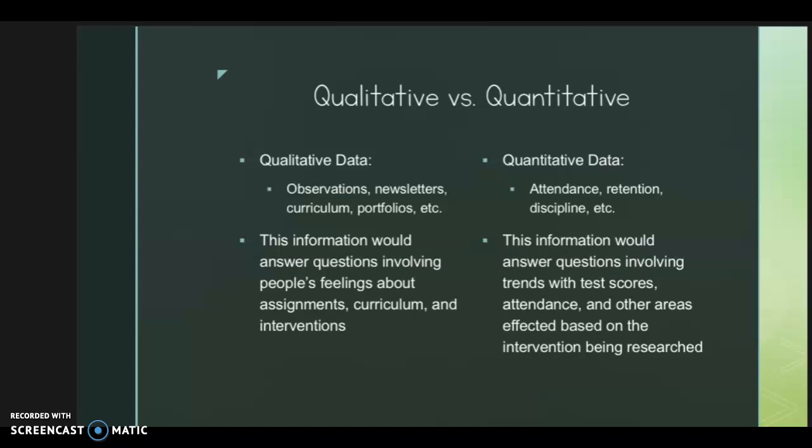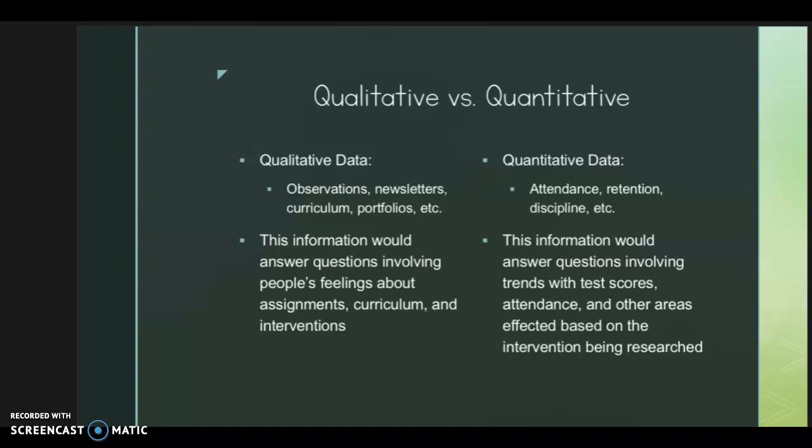So that's a little example of how it could be qualitative data using those previous records and assignments that we have in a portfolio. As for quantitative data, attendance records, standardized test scores, retention rates, and other numerical data that we would have on file would be considered quantitative. An example of a question for this type of data could be, what effect does the intervention have on student attendance rates?